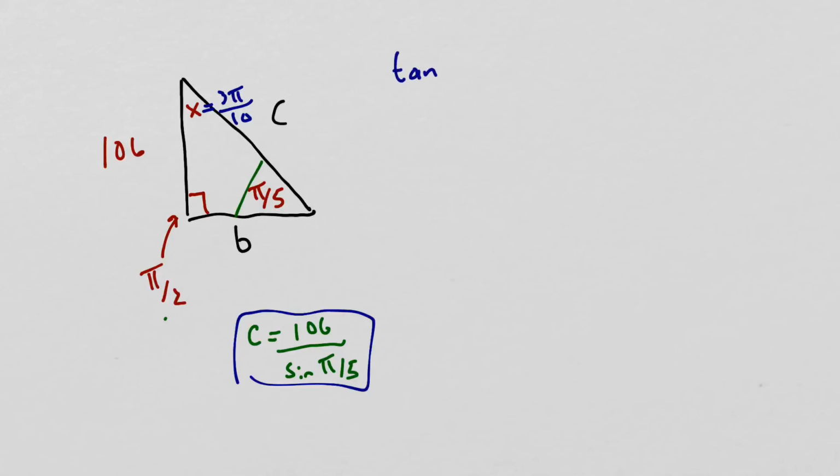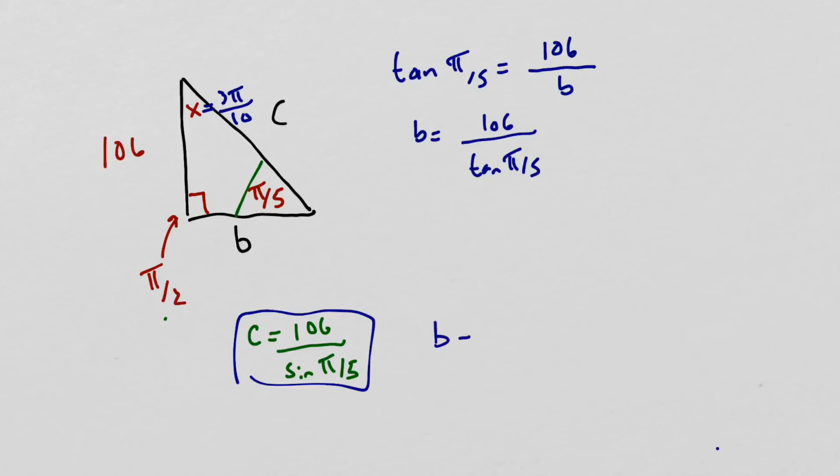Tan of pi divided by 5 is going to be equal to opposite divided by adjacent, which is going to be 106 divided by b. Solving for b, we get b is equal to 106 divided by tan of pi divided by 5. So the length of side b is 106 divided by tan of pi divided by 5.